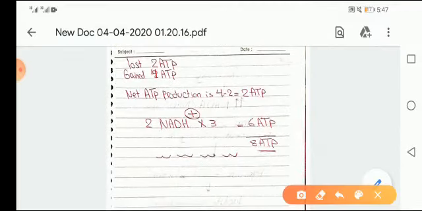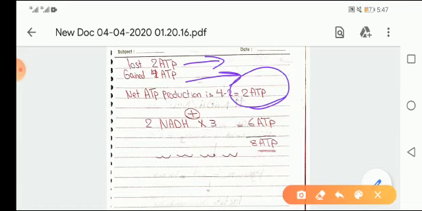For substrate phosphorylation, 2 lost ATP, 4 gained ATP. So net ATP production by substrate phosphorylation would be 2 ATP, since 4 minus 2 is equal to 2. Here we have produced 2 NADH.